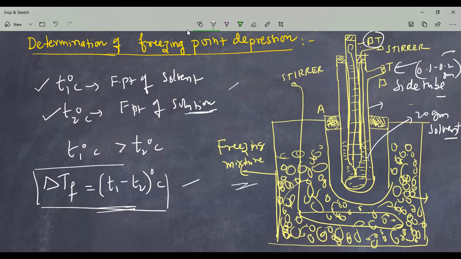So hope you understand the experimental determination of depression in freezing point. These are the experimental determinations of the freezing point of the solution, elevation of boiling point, and osmotic pressure.